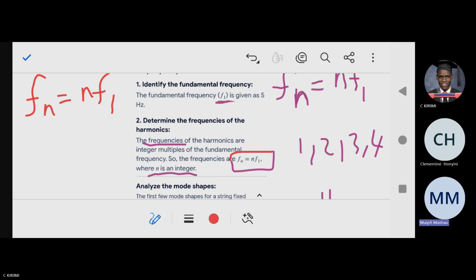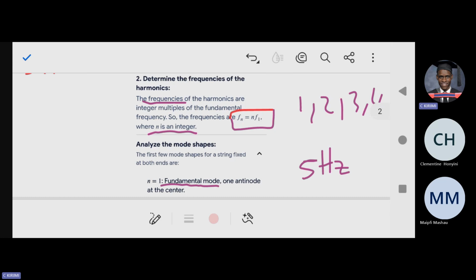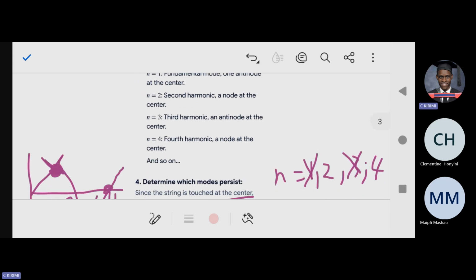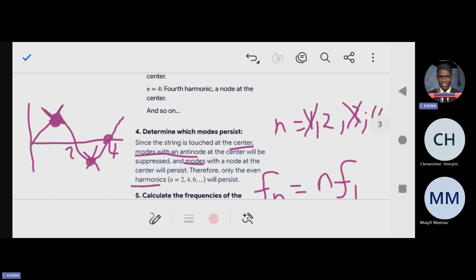Then you explain that since the antinodes are suppressed, this is the point you are going to explain here. Since the string is touched at the center, modes with an antinode at the center will be suppressed, and modes with a node at the center will persist.